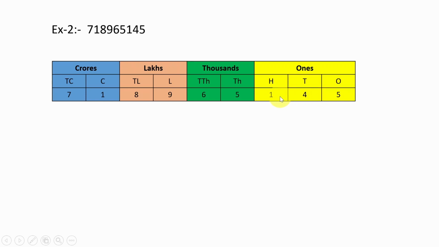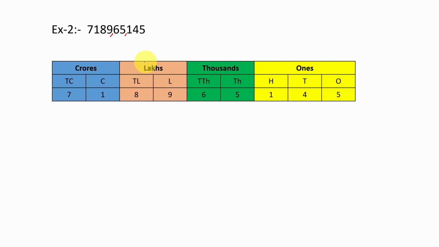After the hundreds place you have to place a comma. Place a comma after 3 digits. Now the thousands period. What are the digits in the thousands period? 6 and 5. Place a comma after 2 digits.